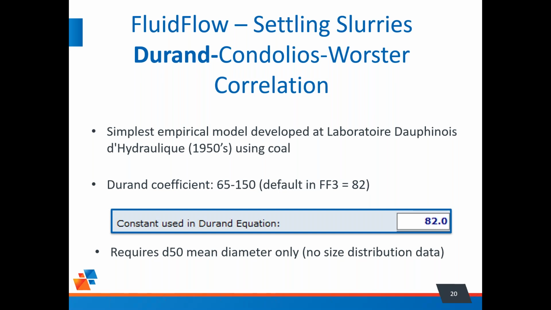It will require the D50. D50 is the mass mean particle diameter. So it's basically the screen size or sieve size if you take the solids and get them through a screen of a certain size, where 50% of the particles would pass and 50% would be retained. So that's the screen size value. No distribution data is going to be used in the Durand correlation.